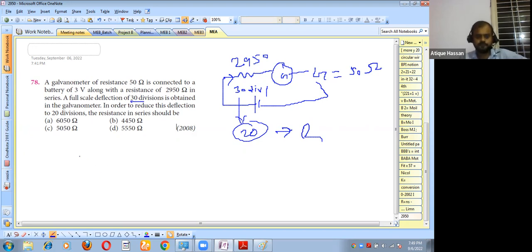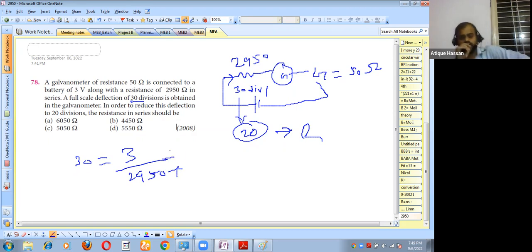So we can say 30 is equal to 3 upon 2950 plus 50, 3 along with the resistance of this galvanometer.